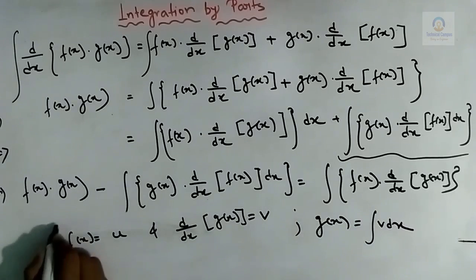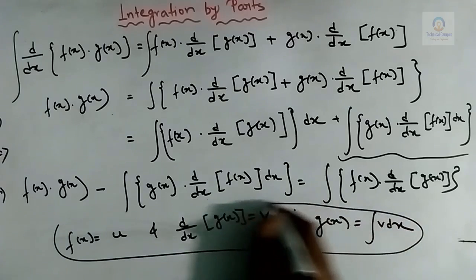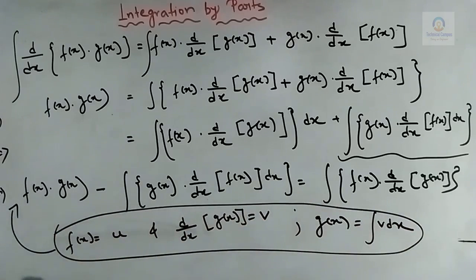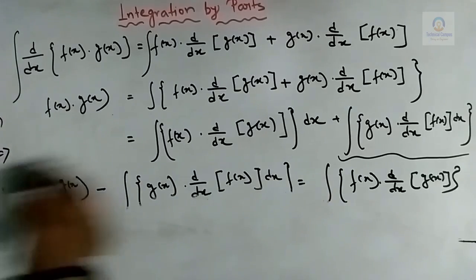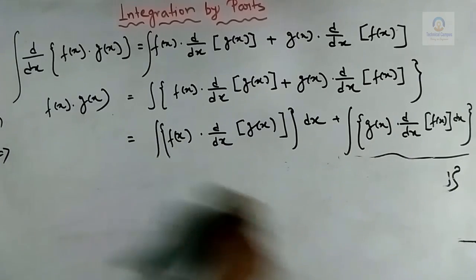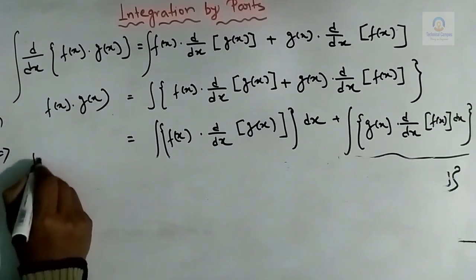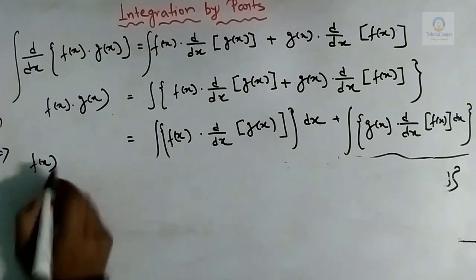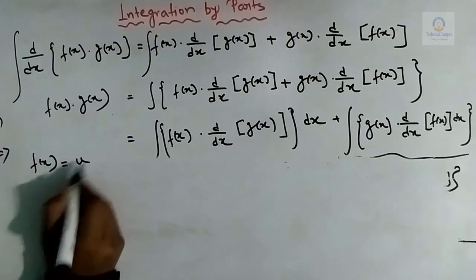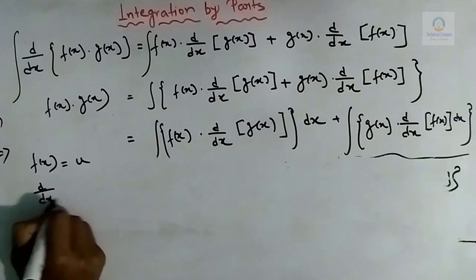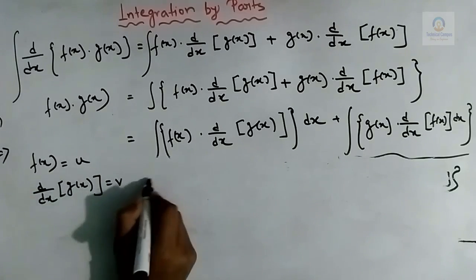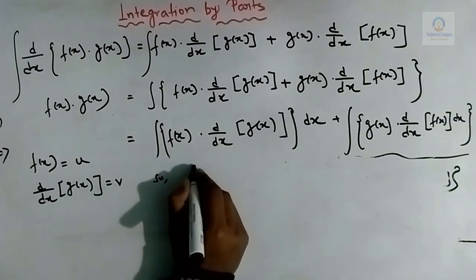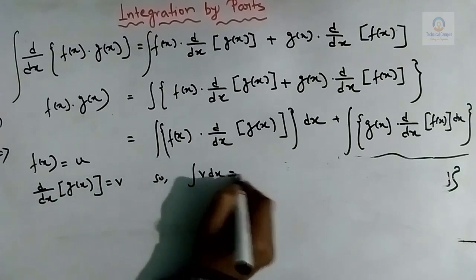So if we replace our assumption in this equation, f(x) is equal to u and d/dx of g(x) is equal to v, so that the integration of v dx is equal to g(x).